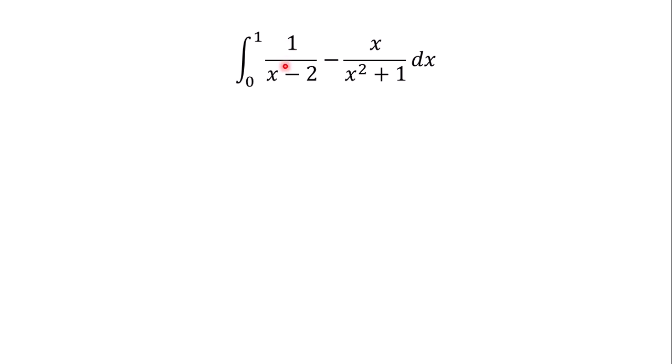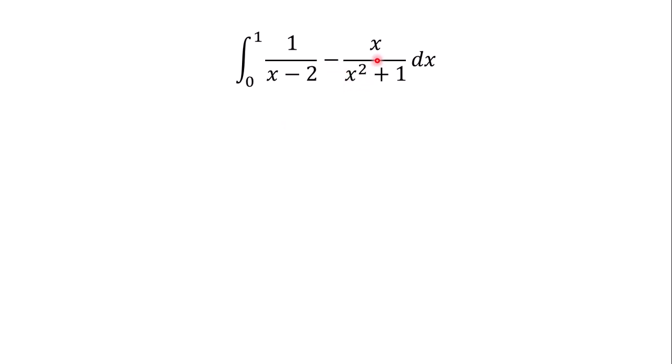So when you come back into the integral, we are having 1 over u, and 1 over u will give us, when you integrate, natural log absolute value of u, and u is equal to x minus 2. So the answer to this integral is natural log absolute value of x minus 2.